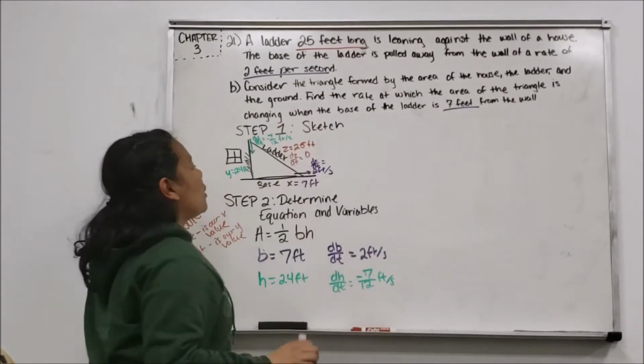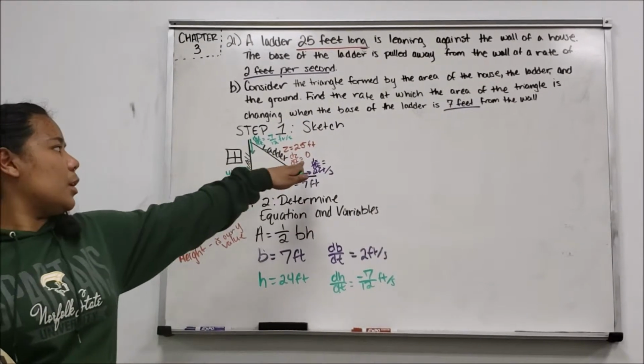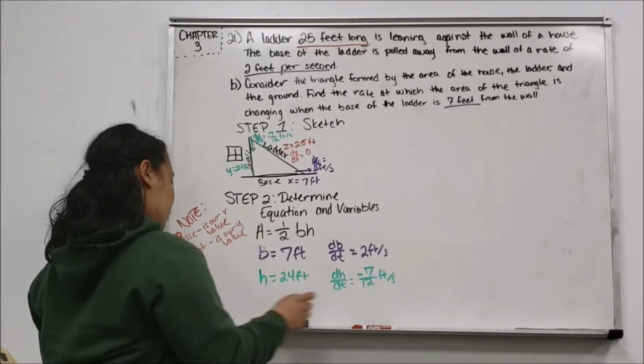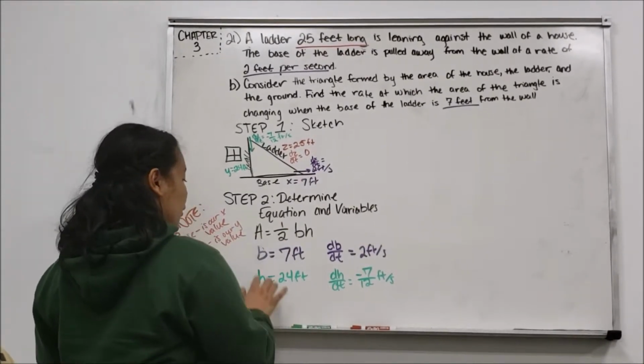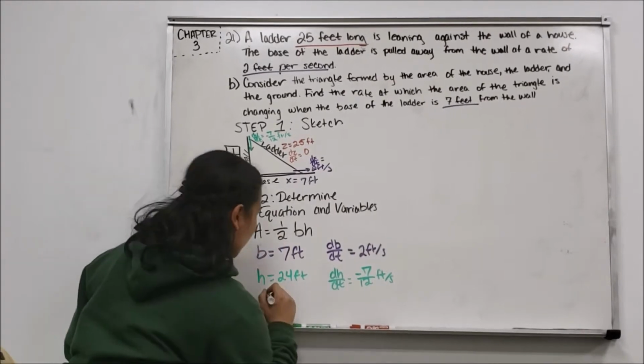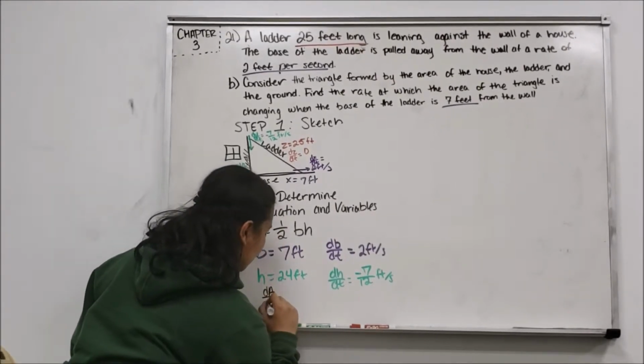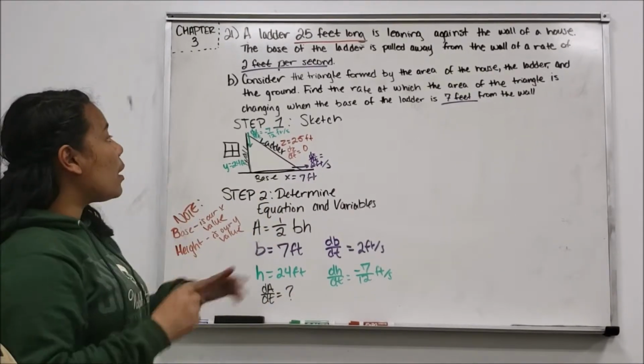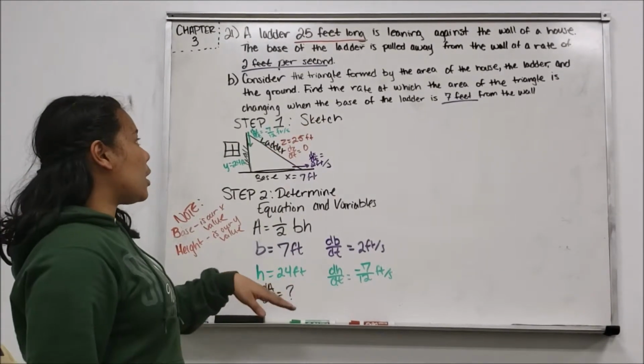When you're writing, make sure that you put all your variables and all the units next to it. Now we are looking for our dA dt, which is our question, because we are trying to find the rate at which the area is changing with respect to time.